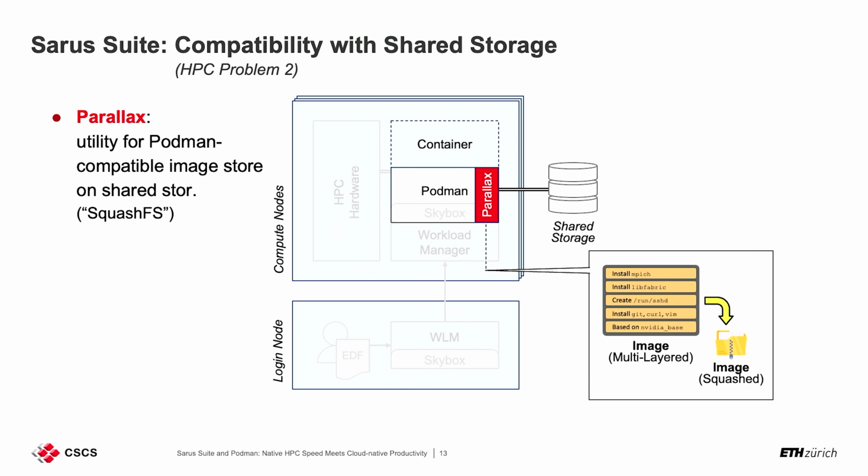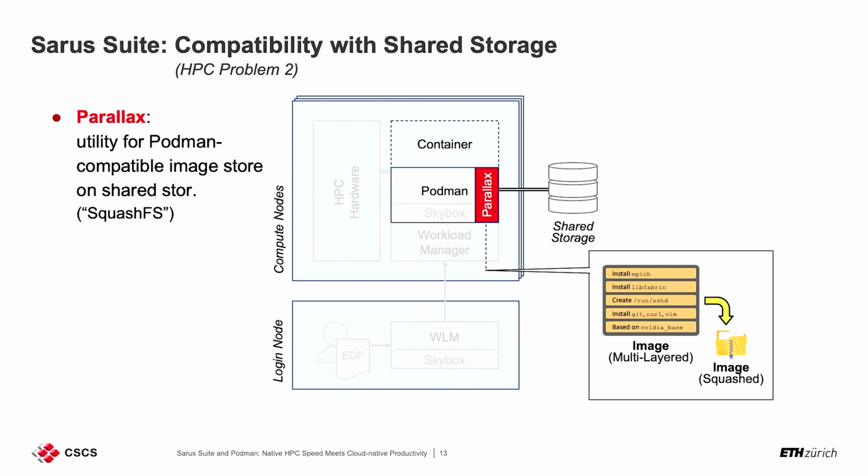And the second problem was the usage of the shared storage. For that, we introduced a utility called Parallax, and it does a lot of things, like solving the compatibility issue between the shared storage and Podman. But I'll just talk about this one thing for the sake of time. One major problem is that usually Podman uses multi-layered container images.